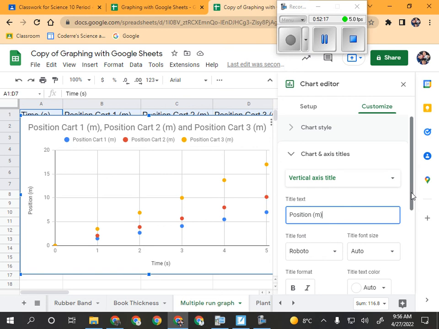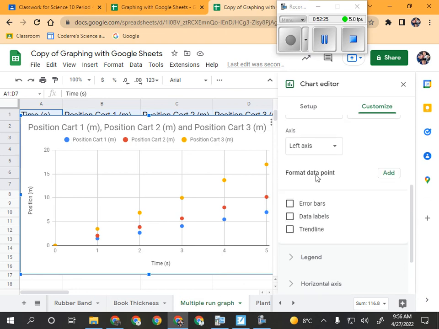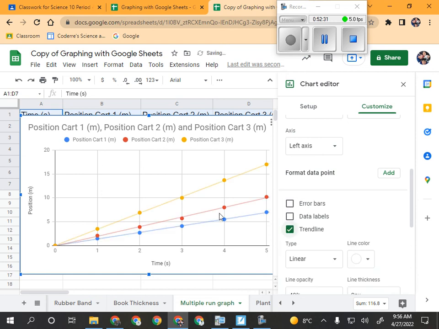Then I'm going to scroll down to series because I want my trend lines, plural, many trend lines here. I click series and click on trend line, and you can see it draws one for each set of data. It treats them separately, and I get three different trend lines.